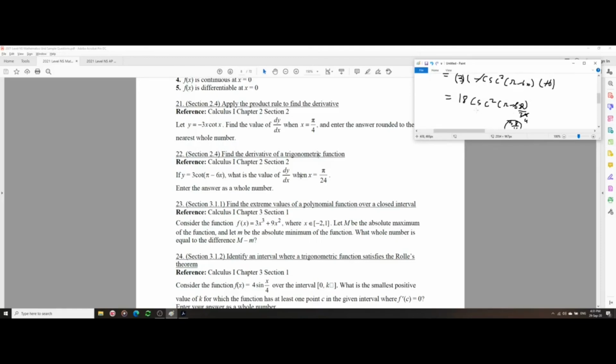If you want to see the steps, it would be 1 over sine squared x. That's 1 over radical 2 over 2 squared. If you flip, you get radical 2 squared, which is what I had here. Times 18, this is 2, so 2 times 18, you get 36. And that should be the answer.